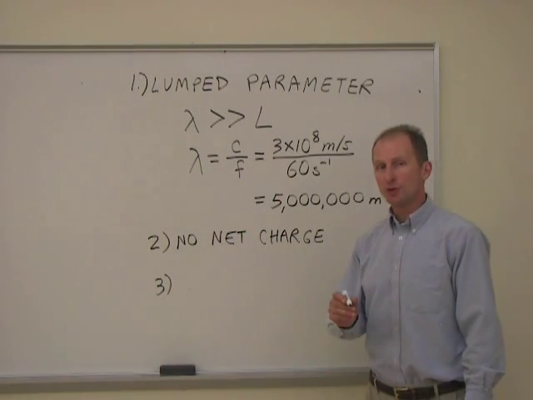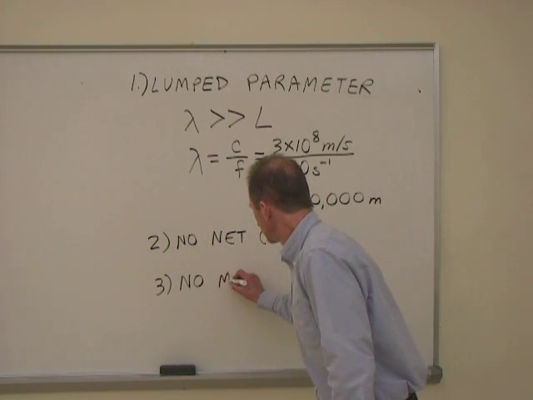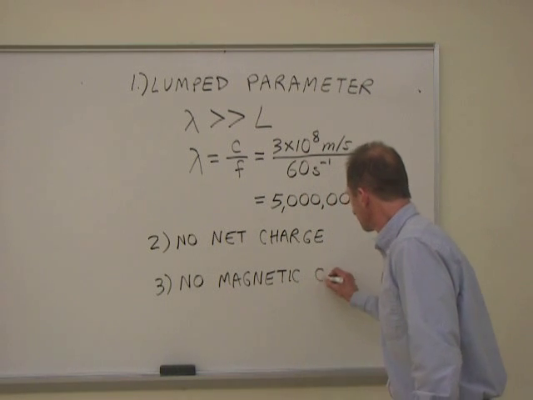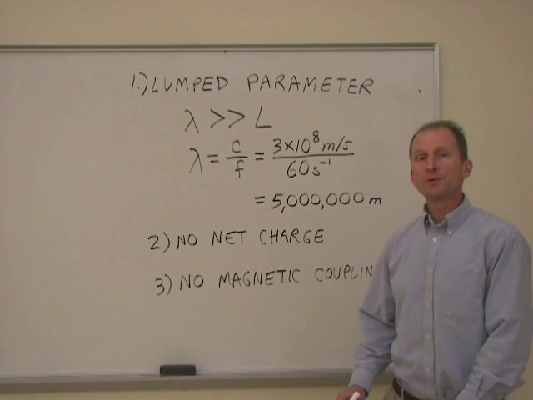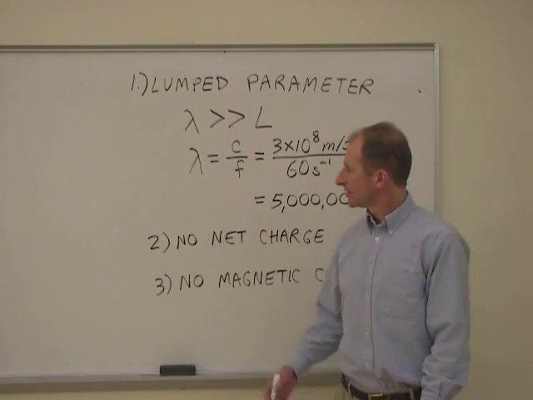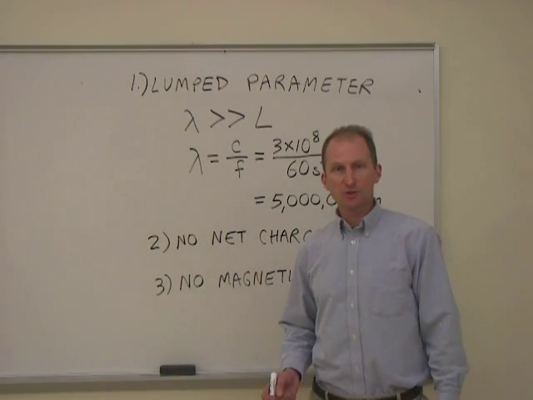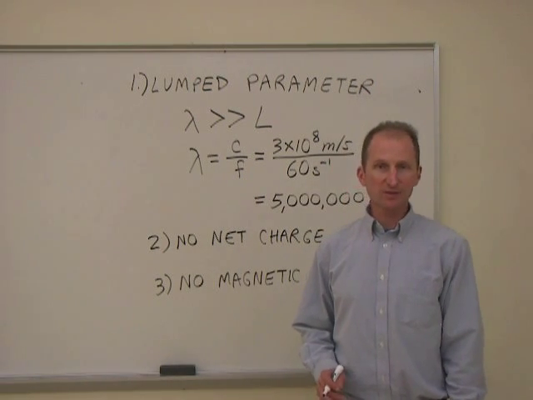The third assumption is no magnetic coupling between elements. Here too, we can have magnetic coupling within an element of our circuit. So those are our assumptions. If they apply, we can go ahead and use circuit theory and avoid the more complex electromagnetic analysis.